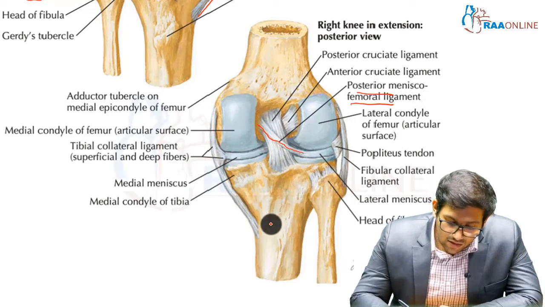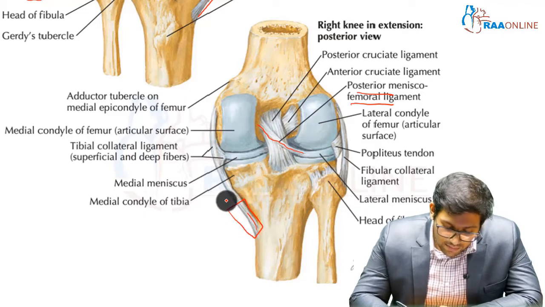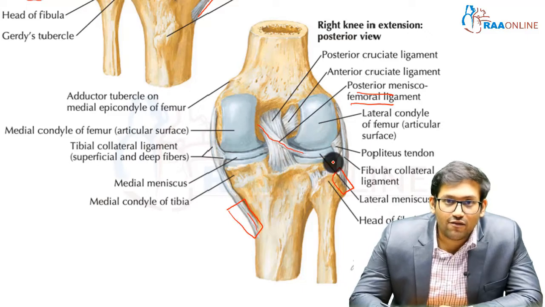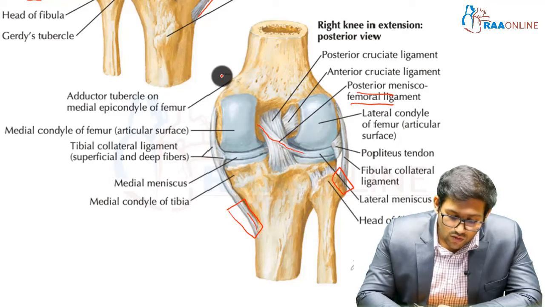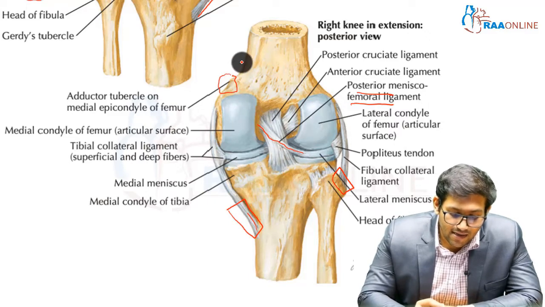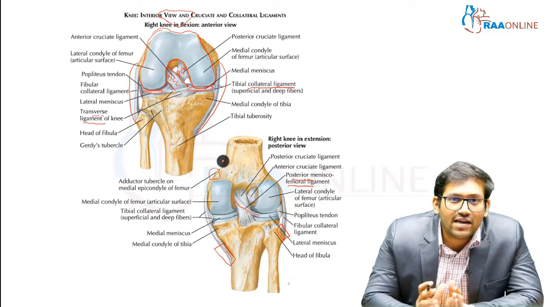A better view of the collaterals can be seen on the posterior aspect, with the wide base of attachment of your medial collateral and the fibular collateral ligament attaching on the head of the fibula. You can also see the posterior condyles and the adductor tubercle, which is almost always the reference point for where your femoral head lies. So these ligaments and the menisci play a vital role in giving stability to the knee joint.